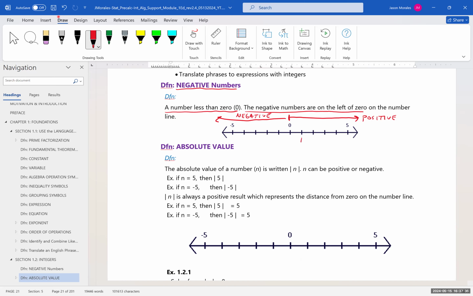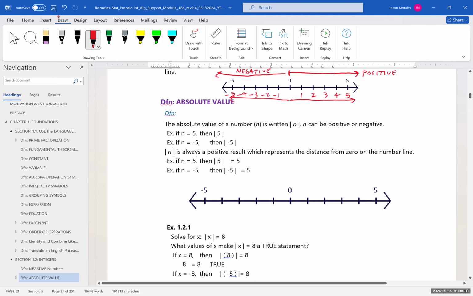So you got 0, 1, 2, 3, 4, and 5. But when we count in the negative sense, we don't write negative numbers from left to right like we do positive numbers. We do it right to left. So this would be -1, -2, -3, -4, and -5.